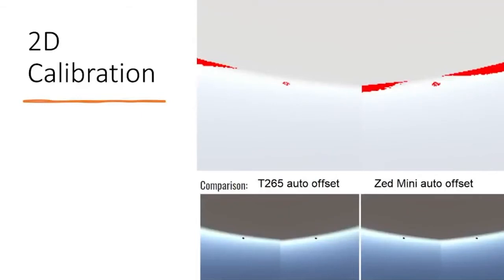So then I moved on to trying to figure out those offsets and calculate them automatically. I got to the state where I was getting really good results for the left eye and for the right eye, no matter what kind of camera I used for the 2D calibration, so I got persistent results.